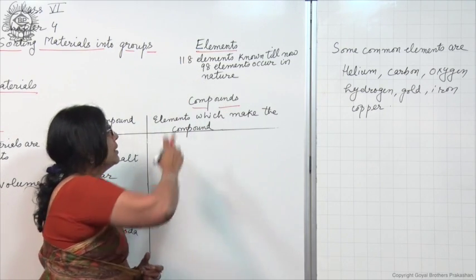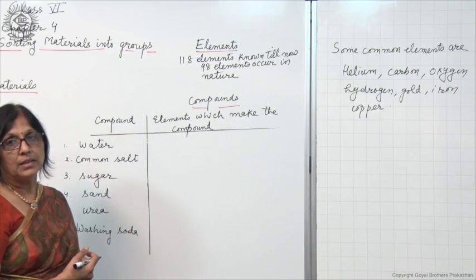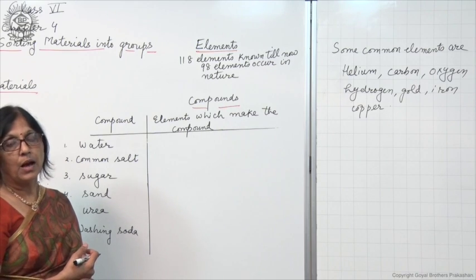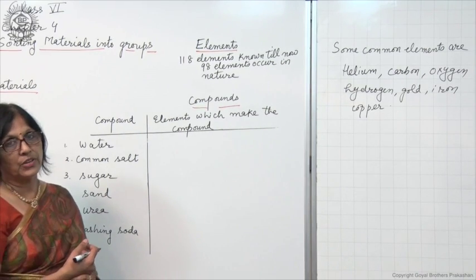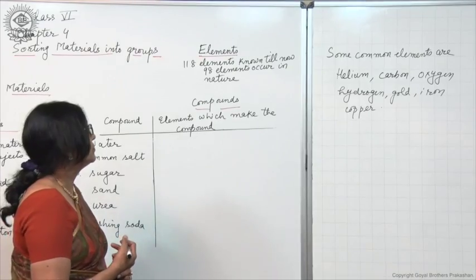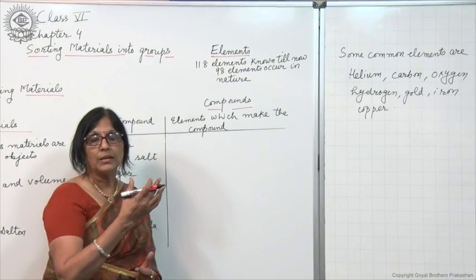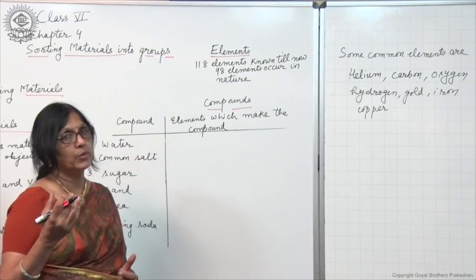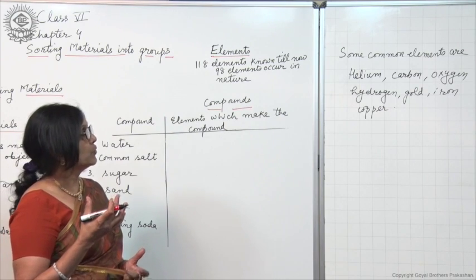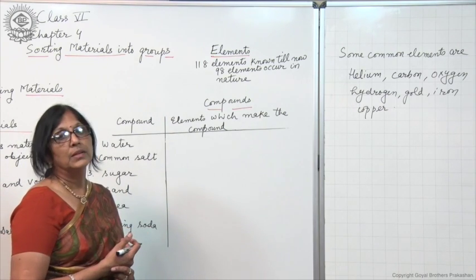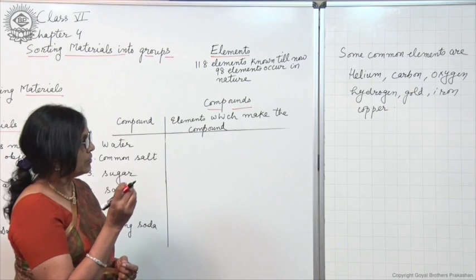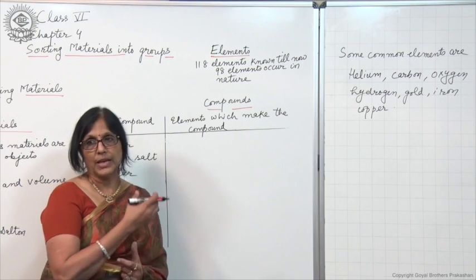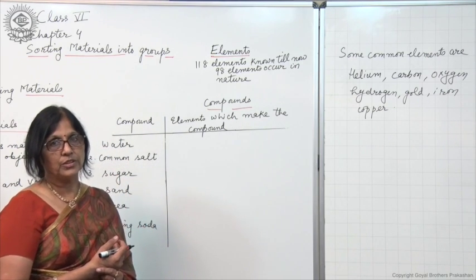About 118 elements are known till now, out of which 98 occur in nature. Other elements are made by scientists in the laboratory. About elements, of course, you will study in detail later on. Only very little I would like to tell you about some gases like oxygen, hydrogen, nitrogen.